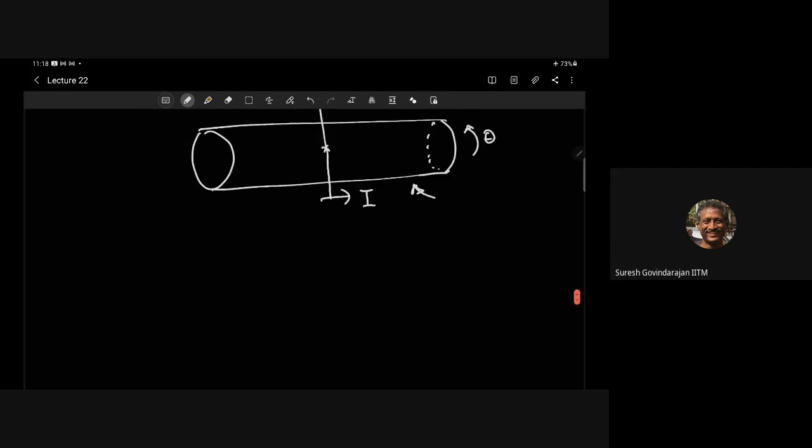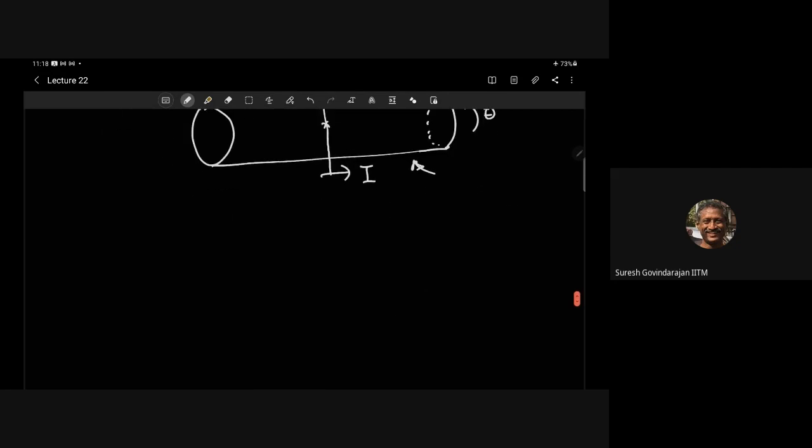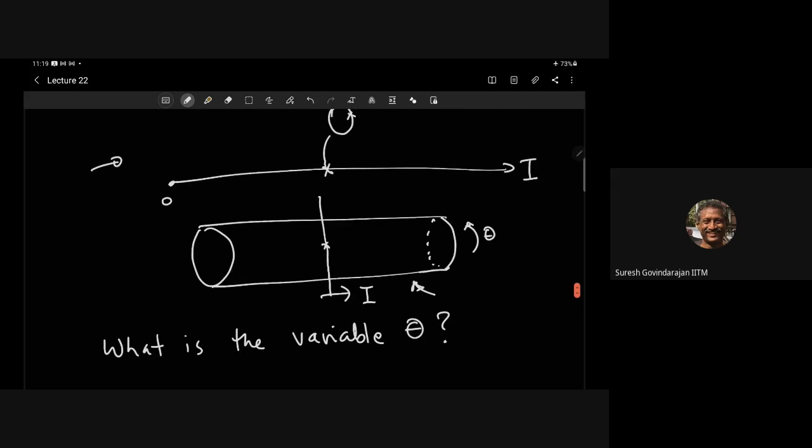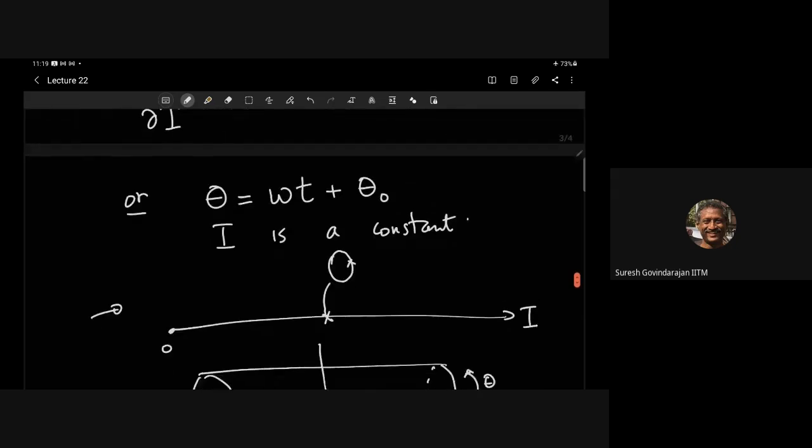Okay. So now, but still we haven't answered what is the variable theta. But we can guess, right? We can quickly guess this because theta goes like omega t.